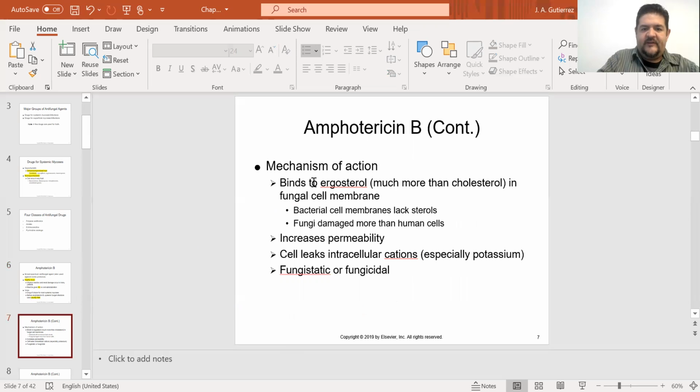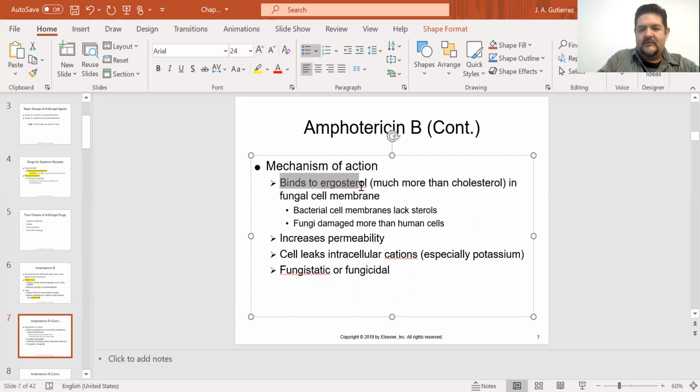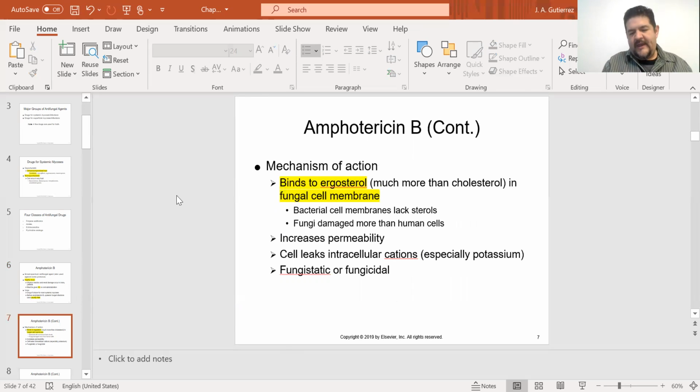How do they work? It says here, bind to ergosterol. Basically what happens here, they bind to the fungal cell membrane. So just like penicillins and cephalosporins, amphotericin B is able to attach itself to the cell membrane of the fungus and rip it apart. That's how they work.